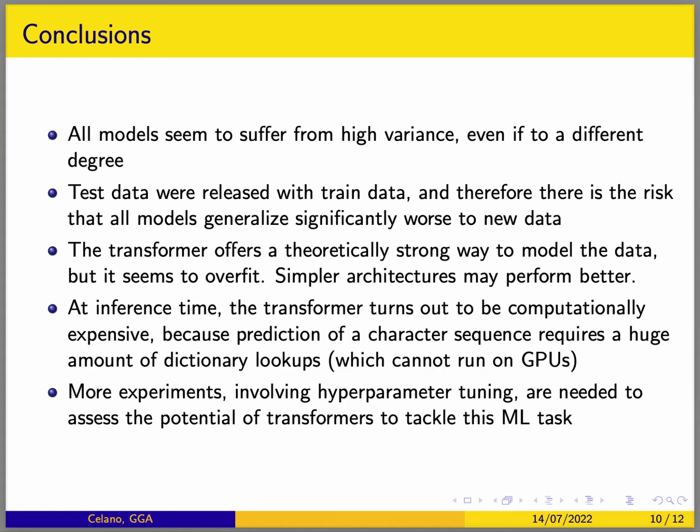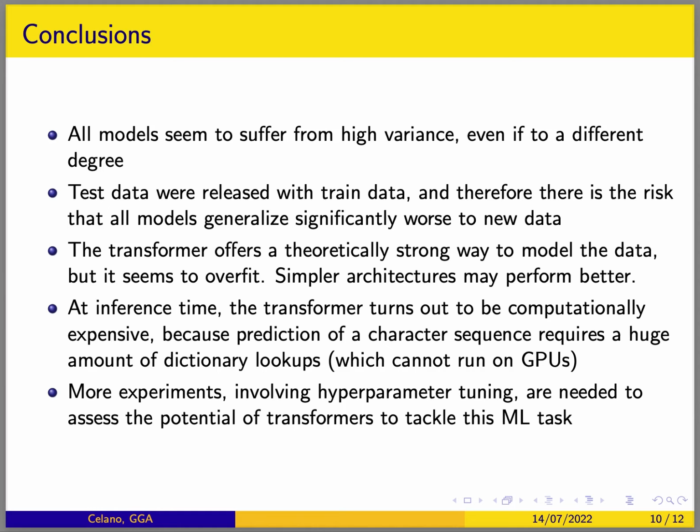The transformer offers a theoretically strong way to model the data. We modeled the position of each character and created context-aware vectors, but overall it seems to overfit. More experiments with hyperparameter tuning may lead to better results, but simpler architectures also seem to perform as well or even better.